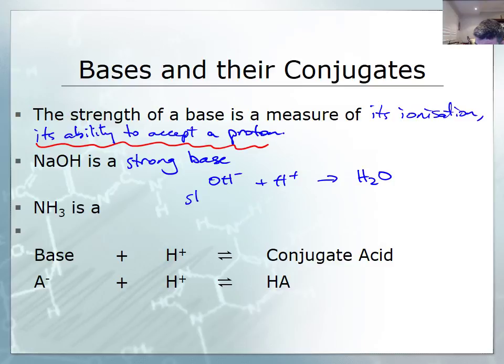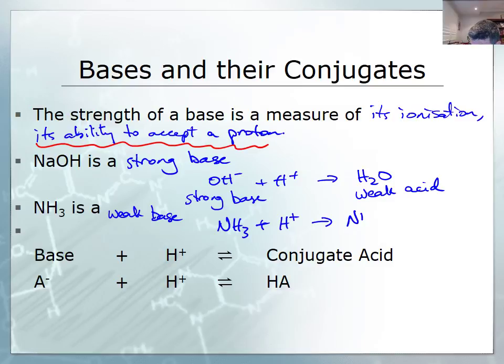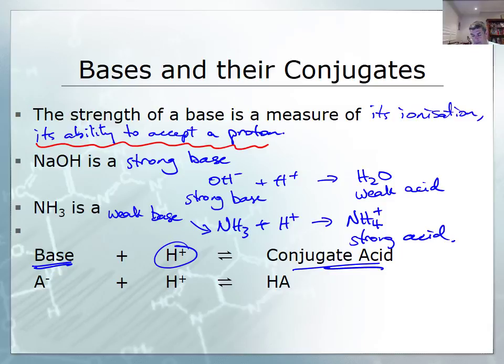This is a strong base, and water is a considerably weak conjugate acid. Ammonia, on the other hand, is a weak base, and that's because when ammonia accepts a proton, it forms the ammonium ion, which is a strong acid. That's the conjugate of the weak ammonia base. In this case, the base accepts a proton and forms the conjugate acid.